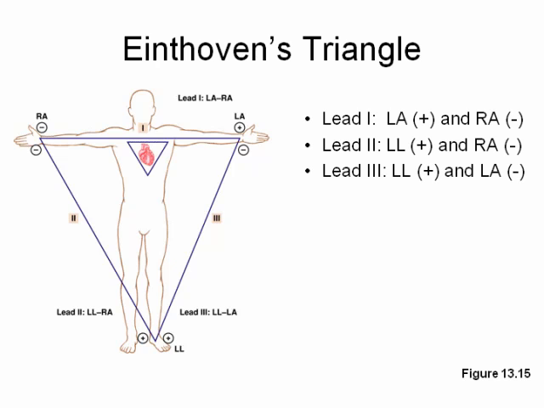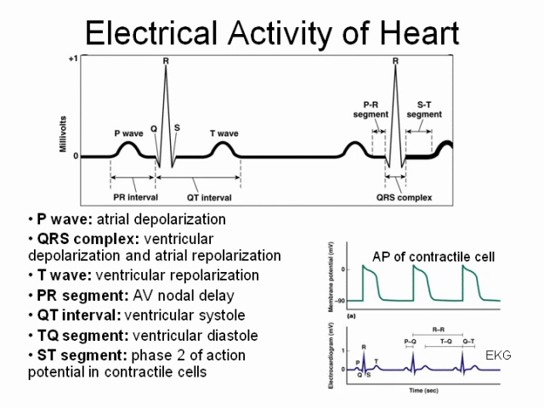So the fact that it's a repolarization, but that it looks like it is an upward deflection. It looks like a depolarization, but it is in fact a repolarization, and that is because of the movement of the voltages with regard to the placement of the electrodes.